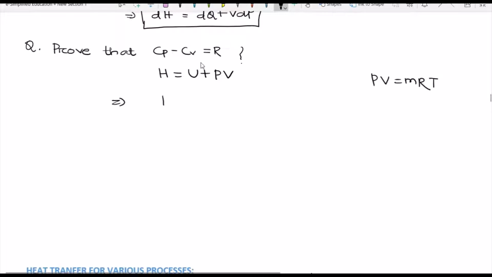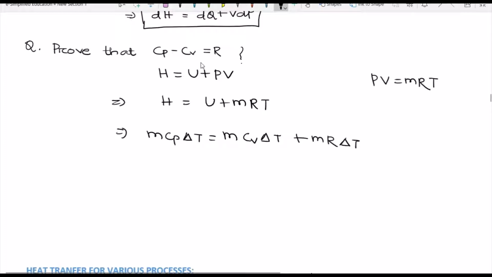So if I replace, H equals U plus mRT. Next, we know that H equals mCp delta T, and U equals mCv delta T, and mRT, if I differentiate, is mR delta T. So I have replaced everything in delta T form.